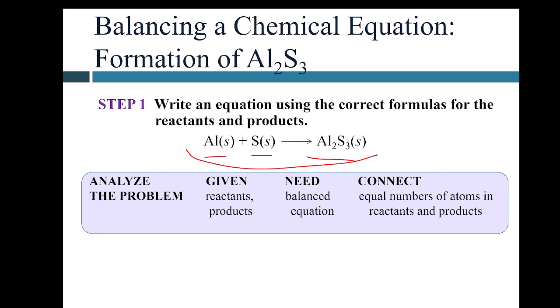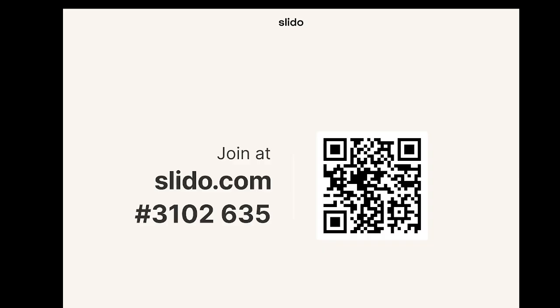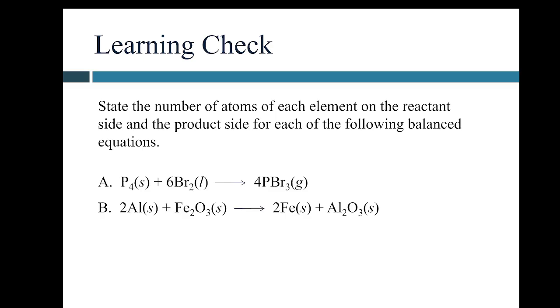And so we put a 3. How many aluminums do we need? 2, and so we put a 2. That's not too bad so far, right? It can get bad.